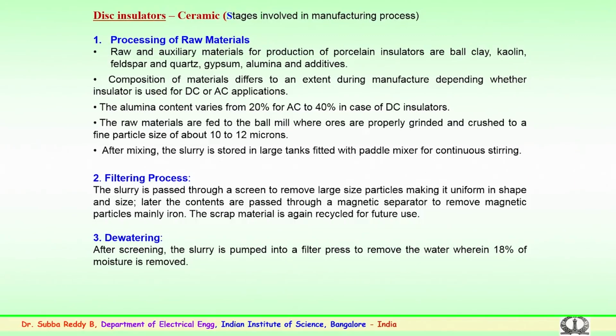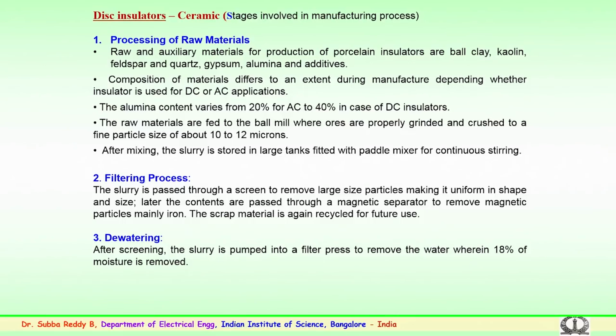Yes, to an extent it could be, but during manufacturing there is a difference, particularly for DC applications, where the alumina content varies from 20% in case of AC to 40% in case of DC insulator. So, this has to be noted. It is not the same mixture of materials. The alumina content, particularly in case of DC, shows variation.